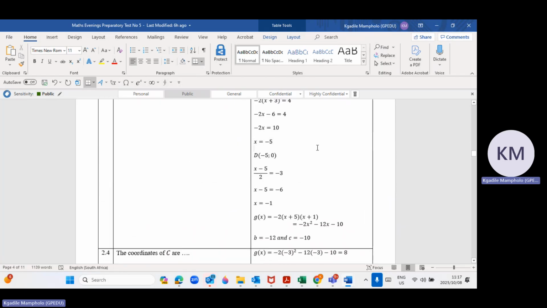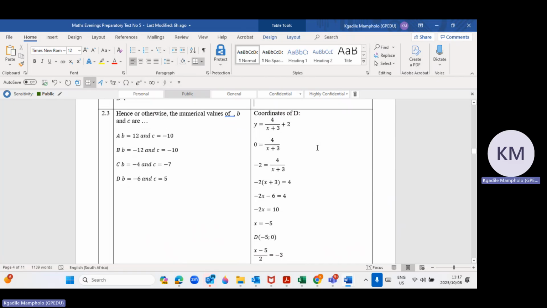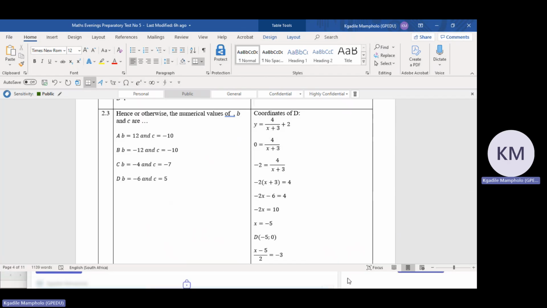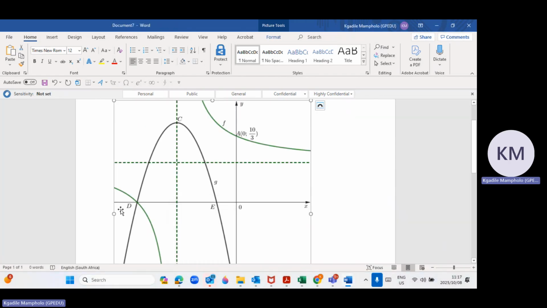Then let's quickly go to 2.3. Hence or otherwise, the numerical values of b and c are... Remember, in the equation you were given that g of x is negative 2x squared plus bx plus c. Now, let me just quickly go to this page.